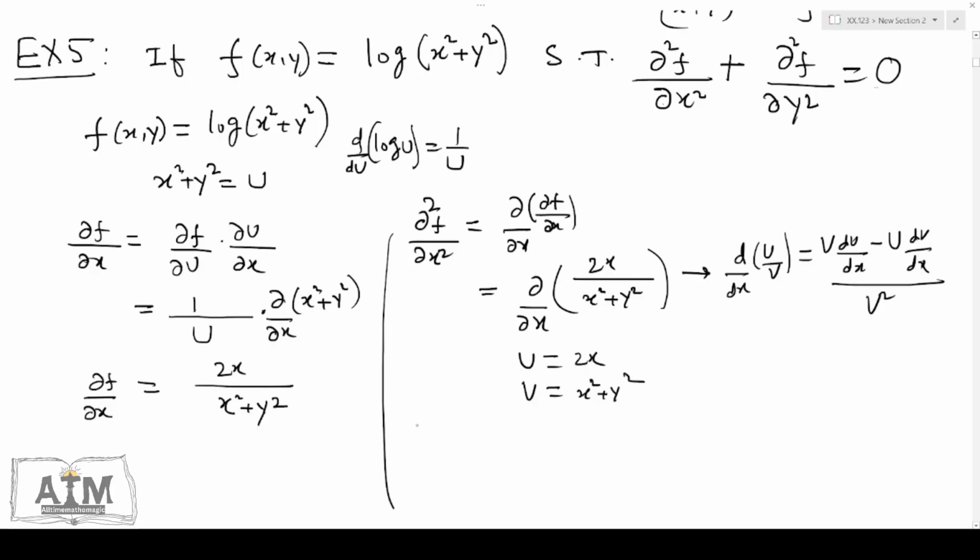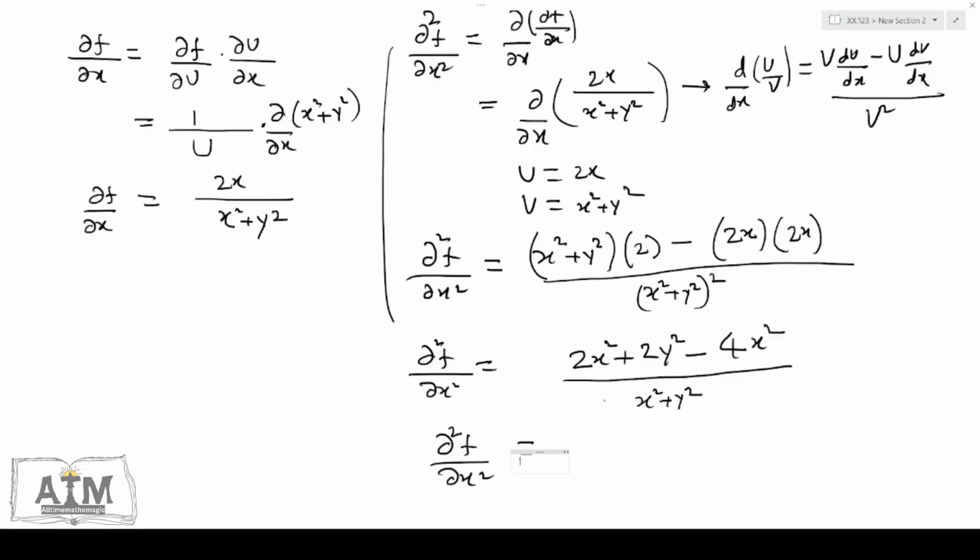Putting into this formula, we get dou 2f by dou x2 equals 2y square minus 2x square divided by x square plus y square whole square. Let us call it expression number 1.